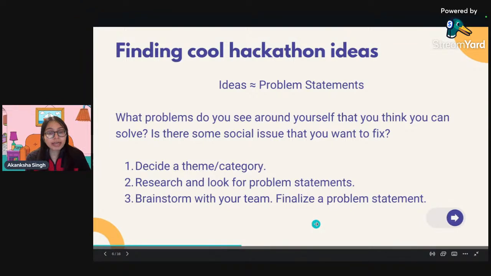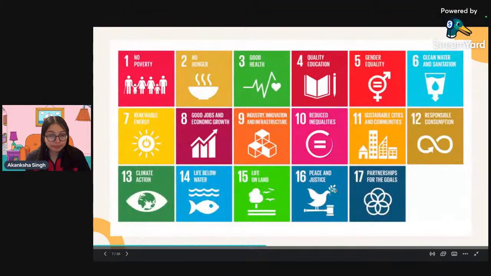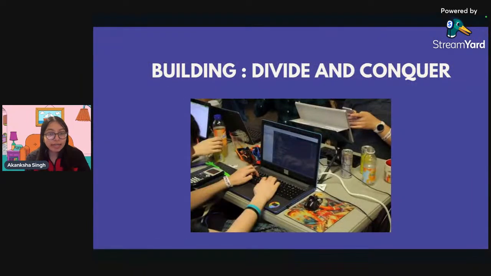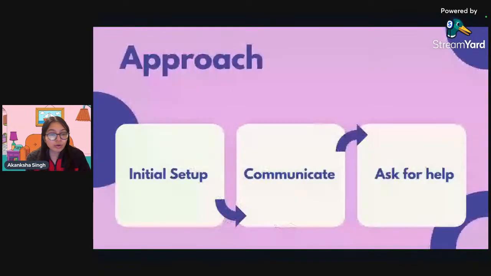After you have decided a problem statement that you want to work on, the next thing should be dividing the work. So you can have some initial setup. I think because all the classes are offline now, you can actually meet your friends and work with them in person. So that's a great thing.